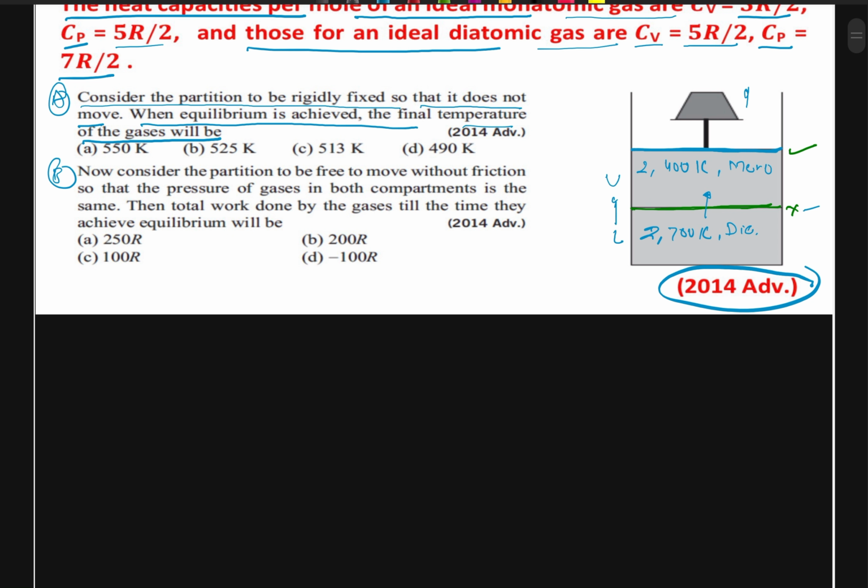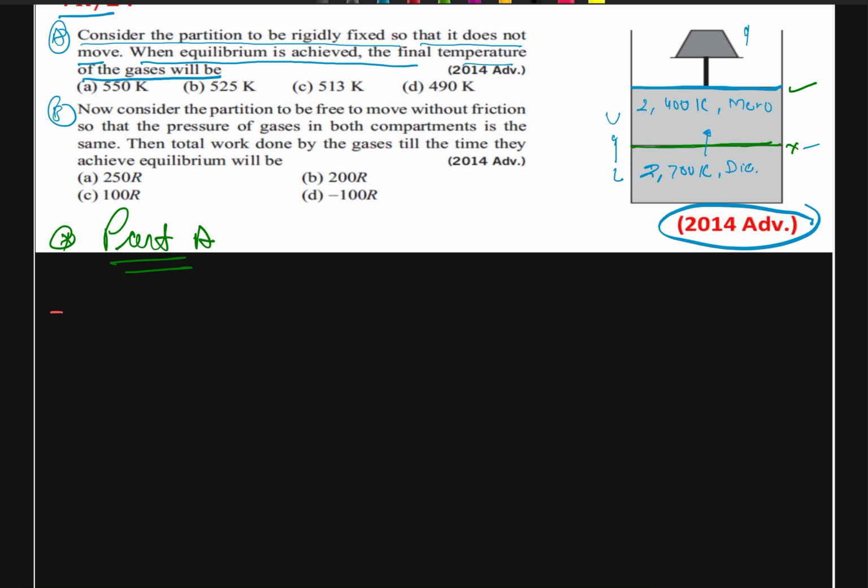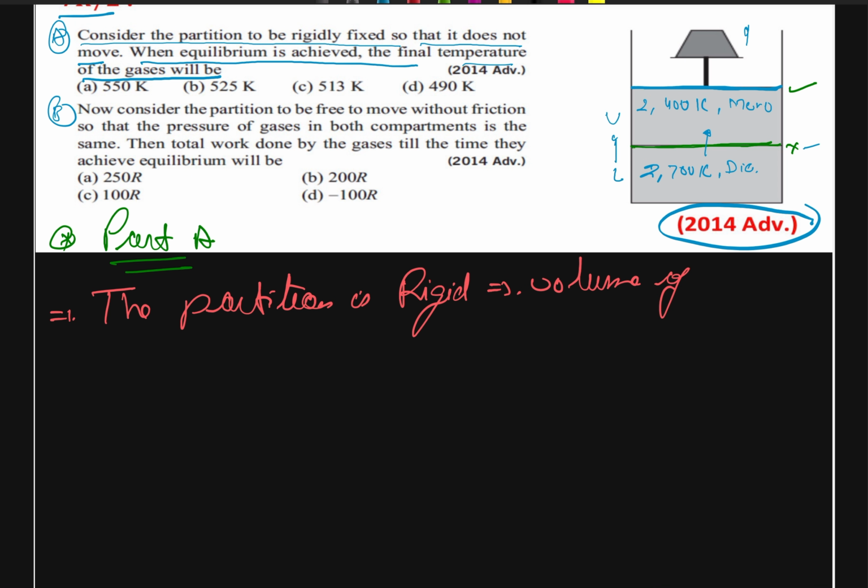So let us start with the things which are given to us. We start with part A. For part A we are given that the partition is rigid, therefore from here we can say that the volume of the lower part cannot change.